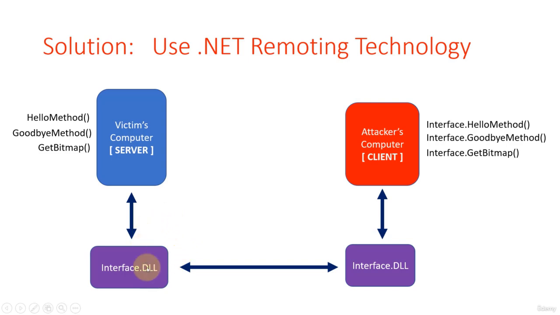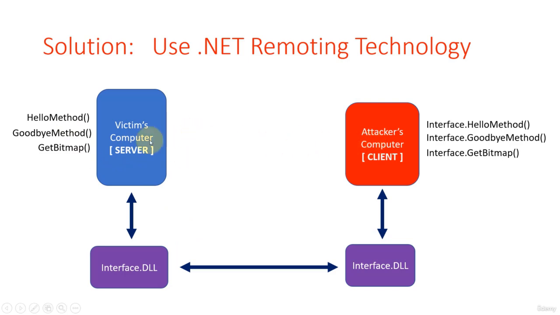The interface DLL will take care of the network communication so that we don't have to worry about listening, connecting, sending, checking whether data has been completely received, and looping, and so on and so forth. We can focus instead on the logic of the program.